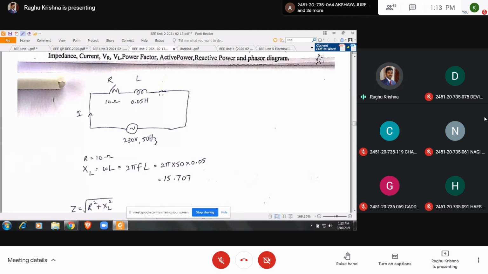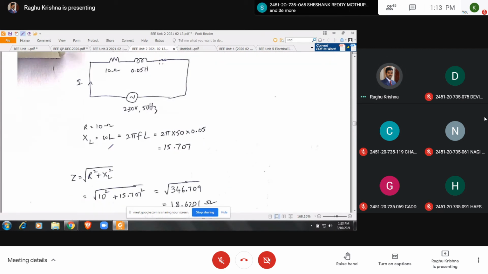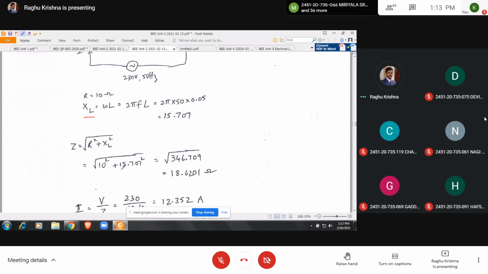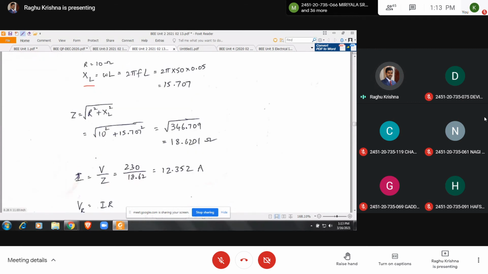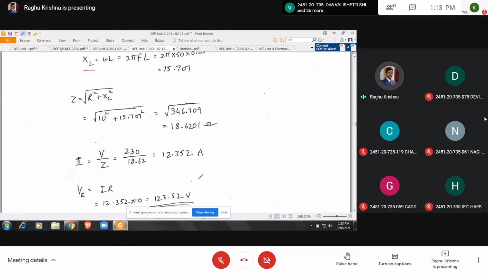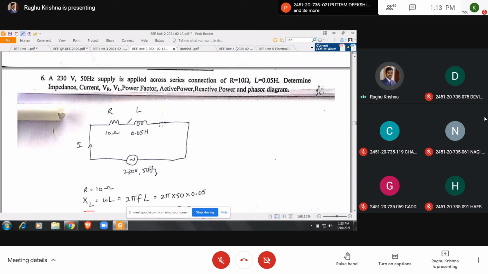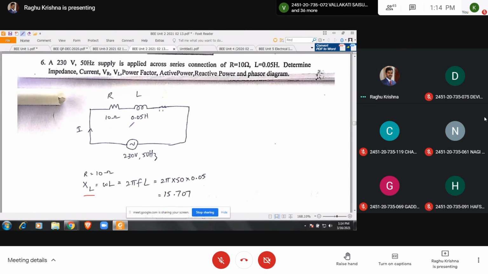This is the RL circuit. Here R is there, L is there. First we are going to find Z. For finding Z we require XL, so first calculate XL, then find out Z. After getting Z, find the value of I. Next, what is VR? I into R. Whatever current flows through this is I, so the voltage across the resistance R is IR according to Ohm's law.